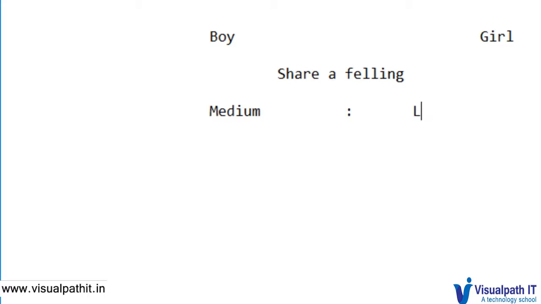Now let us consider, in the real world, a boy and a girl, two living objects. They would like to share a feeling. To share a feeling, what do we require? We require a medium. The medium they will be using is a language.